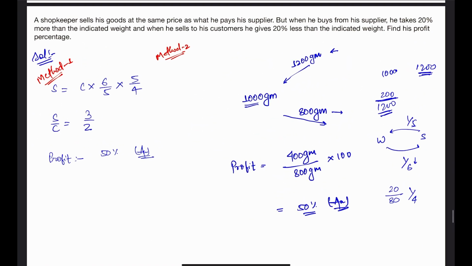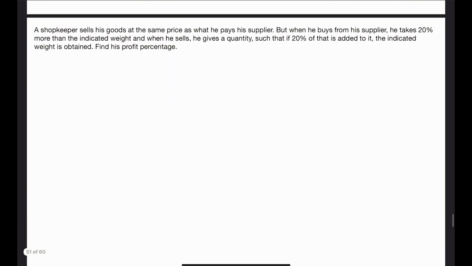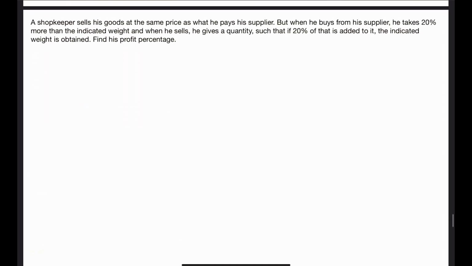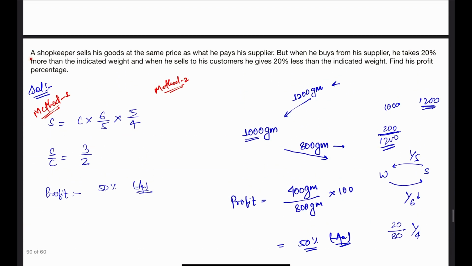But now this question we have done, there is a similar type of question which has similar words. So the first line is, a shopkeeper sells his goods at the same price as what he pays his supplier. Same.